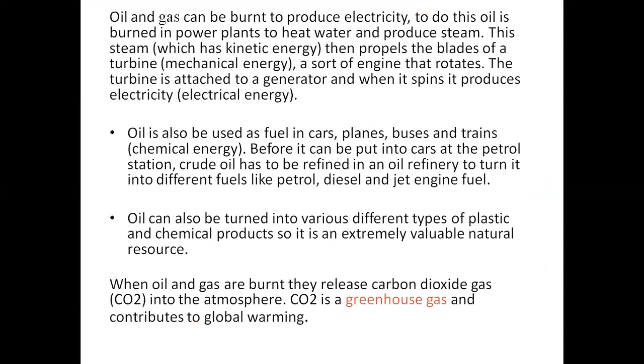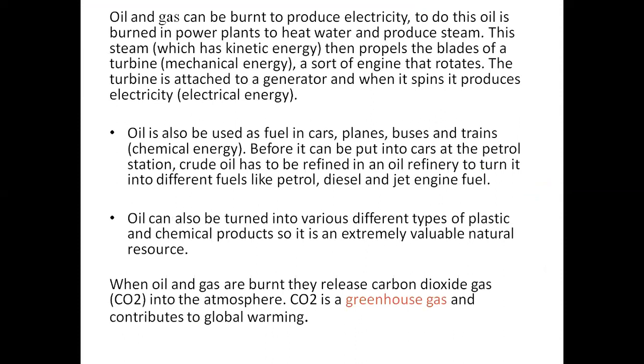Oil and gas can be burned to produce electricity. To do this, oil is burned in a power plant to heat water and produce steam. This steam, which has kinetic energy, then propels the blades of a turbine, giving mechanical energy.